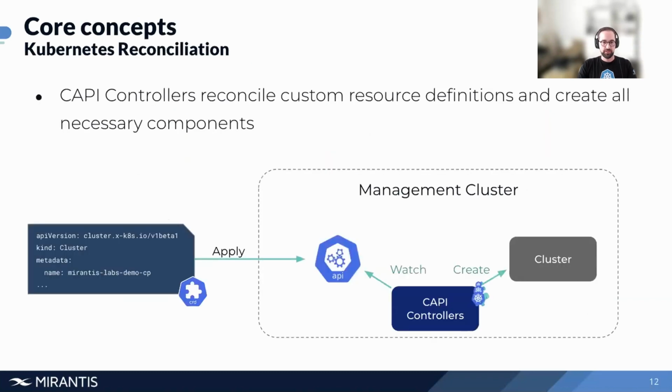When we look into the core concepts, and something we will see in the demo too, it is about reconciliation. So the Cluster API controllers have a look into the different custom resource definitions, and will use those custom resource definitions to create the needed resources for a Kubernetes cluster.